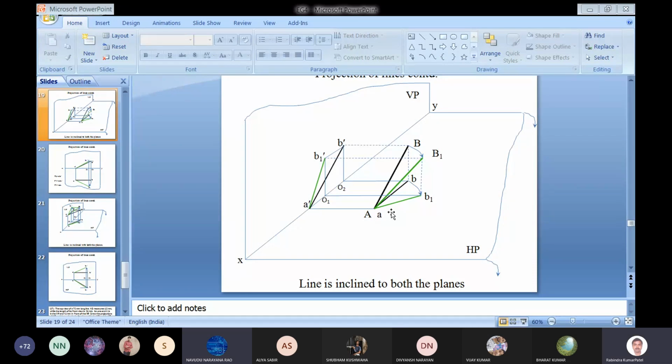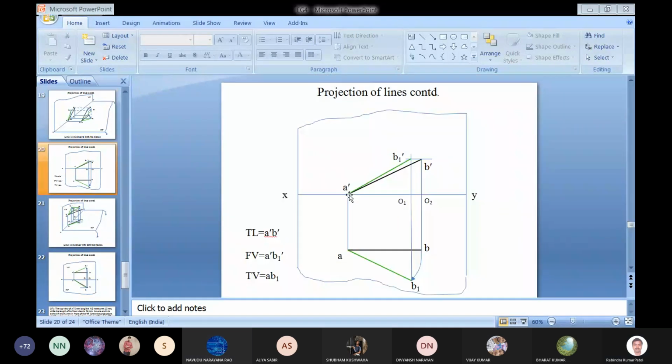No, that line is not in true length. Like here, in the case when we are taking the projection of line AB1, the projection is A dash B1 dash. It is not of true length. Only the true length is A dash B dash.